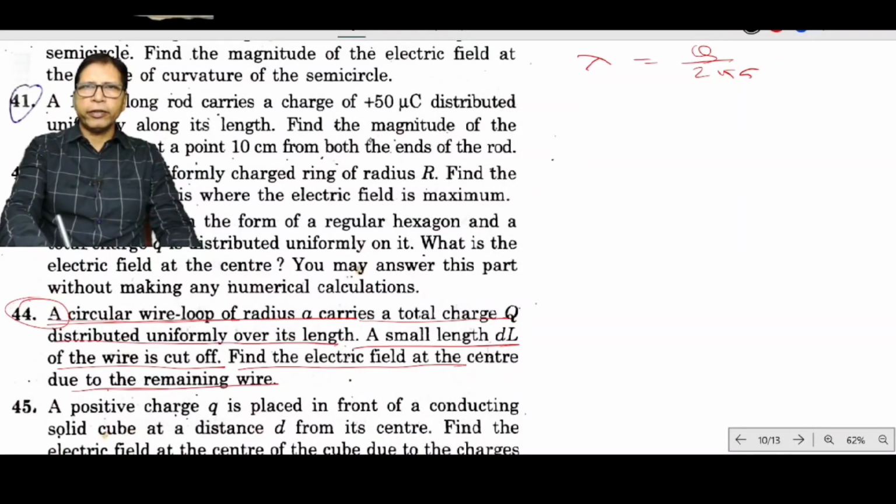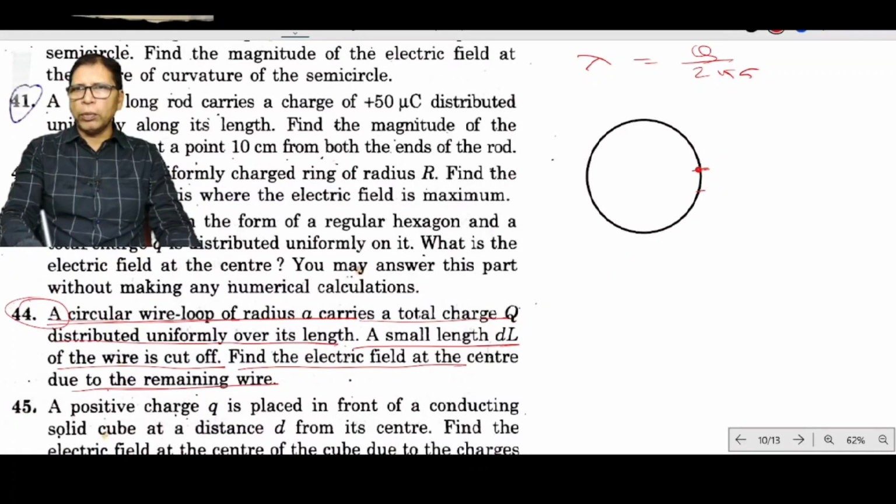Now look at this. This is the circular wire. Okay. A very small portion, suppose this portion, this length dl is cut from here. Now we know the electric field due to the whole charged ring at the center is 0.